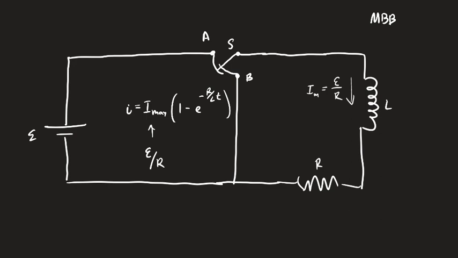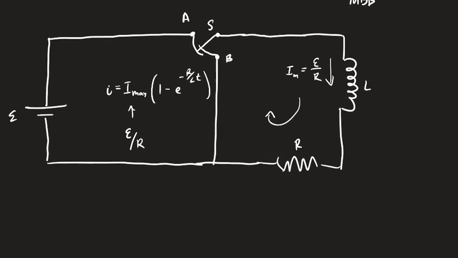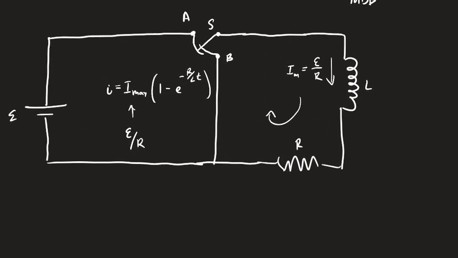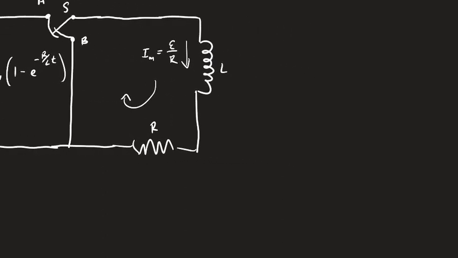The moment the switch is thrown into the B position, we have a single loop through our circuit with just 2 voltage drops in that loop. So the discharge relationship is going to come from throwing the switch into B after we've reached the steady state condition.